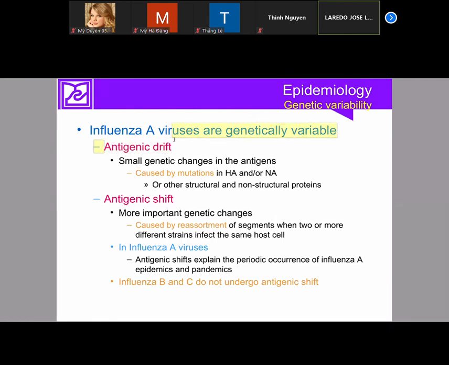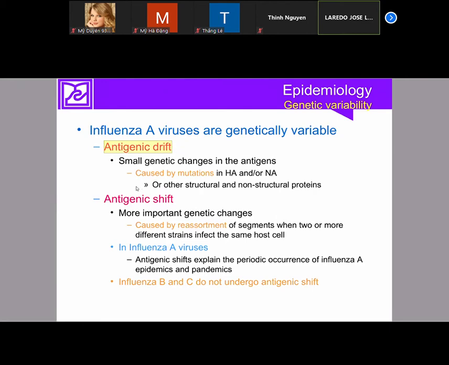Antigenic drifts are small changes. These antigenic drifts are produced by mutations, small mutations in the hemagglutinin gene or in the neuraminidase gene. But these changes are very small, not very important. Every year, antigenic drifts are produced in influenza A viruses, every year.